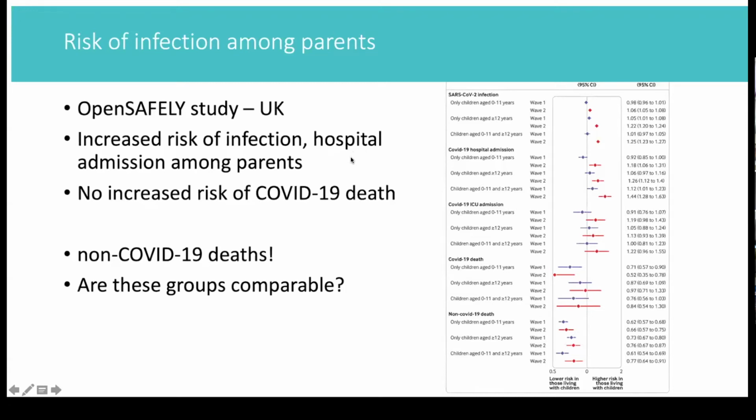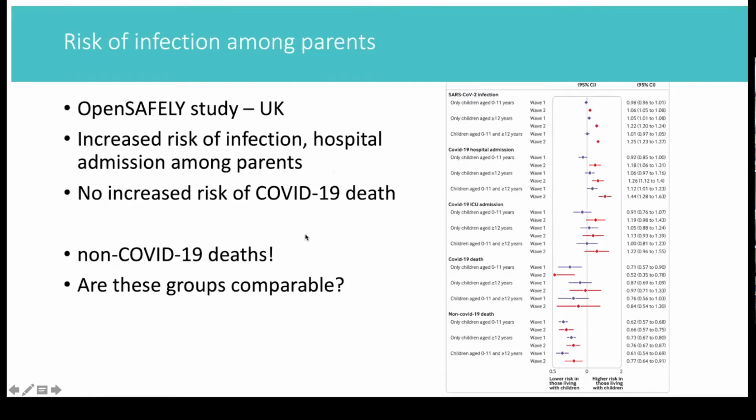They also had a higher risk of hospital admission, but it didn't translate to a greater risk of death. That part is quite hard to make any sort of claim or interpretation about, because it looks like non-COVID deaths, so deaths from other causes in parents, were far, far lower than non-parents. So some might argue that for some reason, parents are healthier than non-parents. I don't know exactly why.